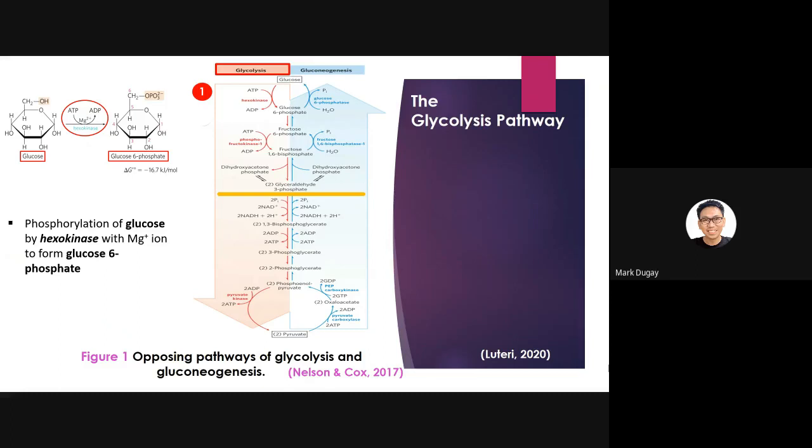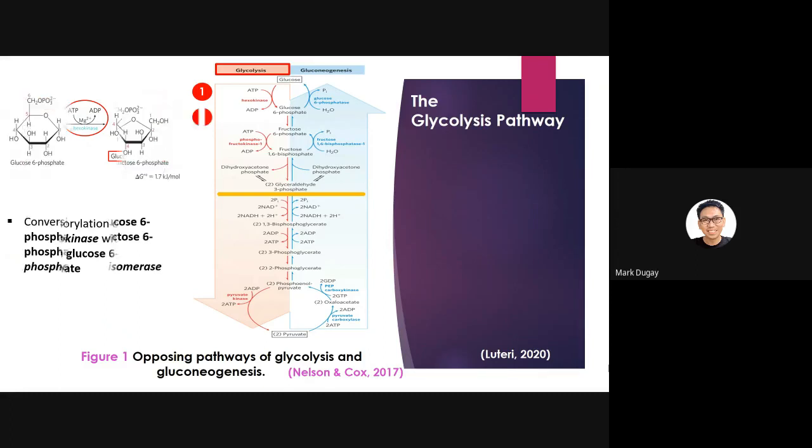Phosphorylation of glucose ensures that pathway intermediates remain in the cell. Step 2, the reversible isomerization of glucose 6-phosphate, an aldose, is catalyzed by the enzyme phosphohexose isomerase to yield fructose 6-phosphate, a ketose.